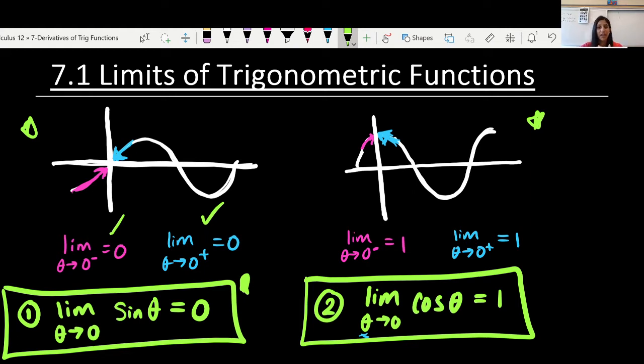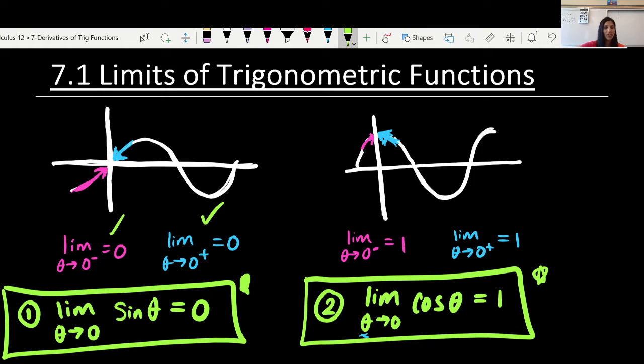We're approaching from the negative side, and the y value is approaching 1 at that point. And in blue, the limit as theta approaches 0 from the positive side is equal to 1 as well. And so overall, the limit as theta approaches 0 for cosine theta equals 1. So you get to see again where that comes from.